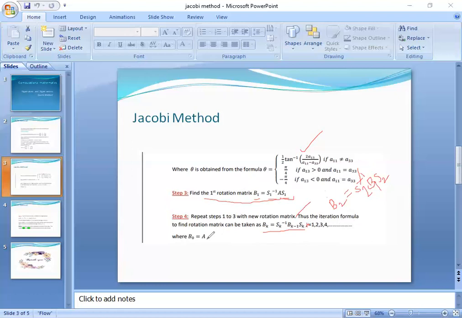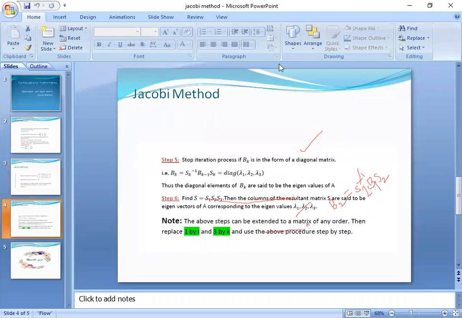Since this is an iteration process, when to stop this iteration process? We know it very clearly. The iteration process should be stopped when two successive approximations agree up to the desired accuracy. But here we are finding the rotation matrix Bk in such a way that it will become a diagonal matrix. So we stop the iteration process if Bk, which is Sk inverse Bk minus 1 Sk, is in the form of a diagonal matrix.